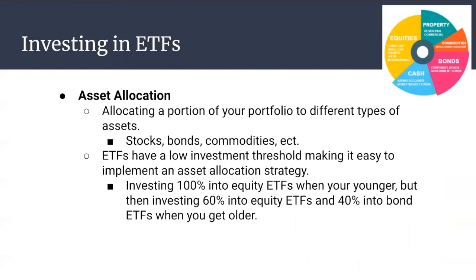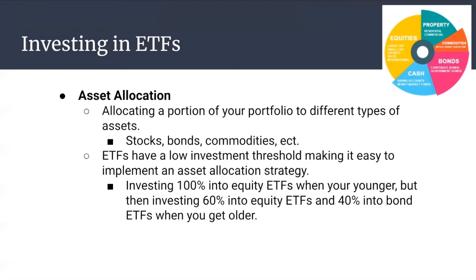The next strategy is called asset allocation. Asset allocation occurs when you allocate portions of your existing portfolio to a different category, such as bonds, stocks, and commodities. ETFs have a low investment threshold, making them perfect for beginner investors to implement an asset allocation strategy.